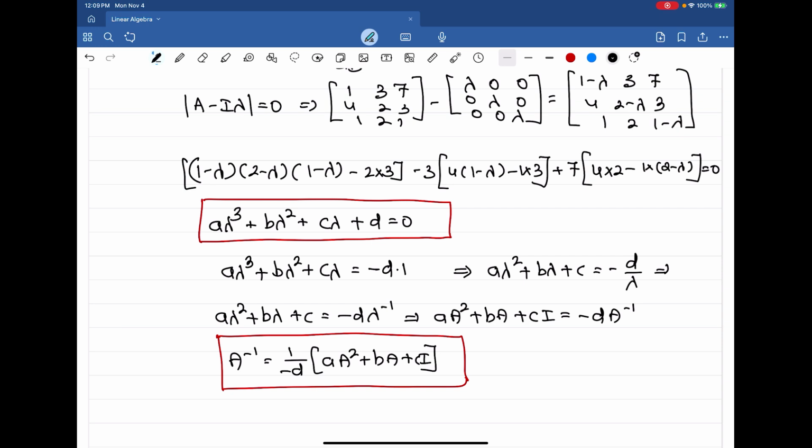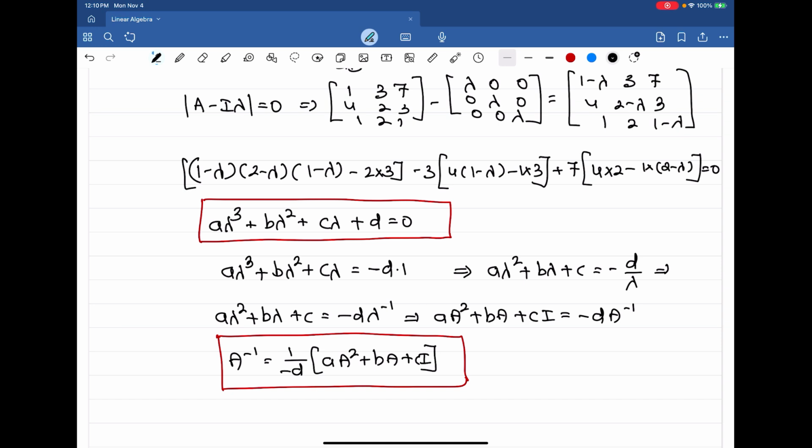The details about how the characteristic equation is used: eigenvalues are lambda 1, lambda 2, lambda 3. If anybody wants us to find out the determinant of a 3 by 3 matrix, we'll find out lambda 1, lambda 2, lambda 3, and the product of lambda 1, lambda 2, lambda 3 is the determinant of the matrix.